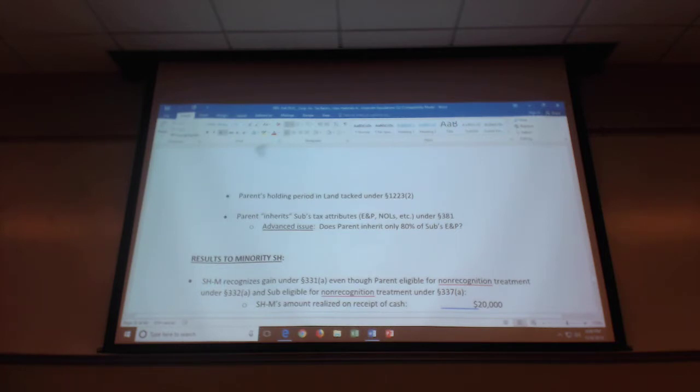And also, as in the previous example, the parent's holding period in the land is tacked, and it gets the E&P, etc., of the subsidiary. I'll skip the advanced issue, although it's an interesting question. Remember, I told you the earnings and profits of the subsidiary migrate up to the parent in a 332 subsidiary liquidation. What happens if the parent owns only 80% of the stock? Does the parent get 80% of the E&P or 100%? I don't know the answer.